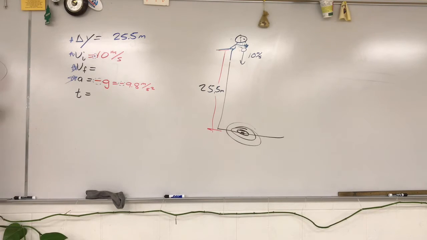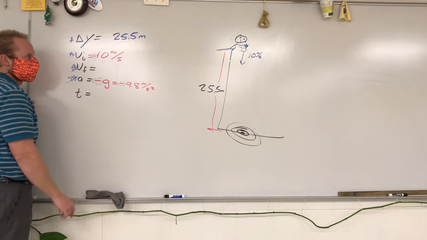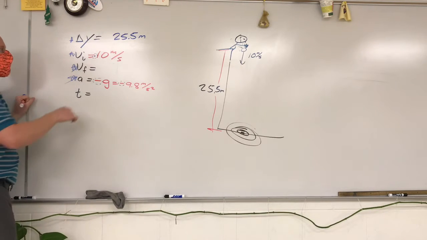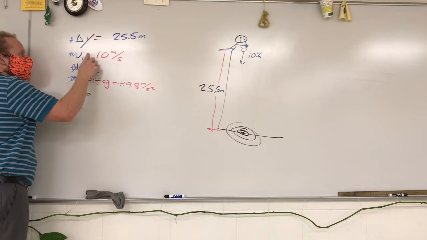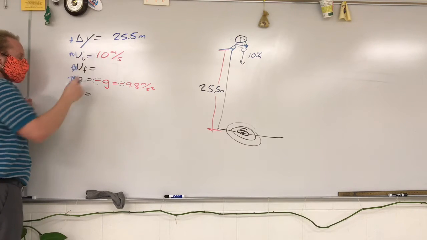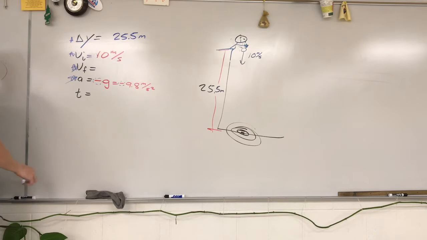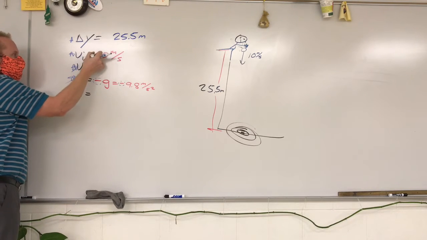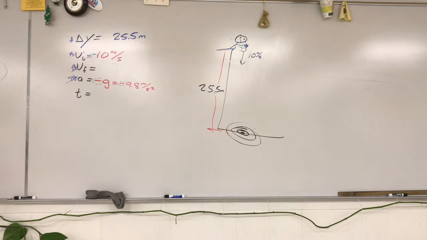Which way is this object going? It says in the words, it's being thrown down. So clearly I was doing that on purpose to make sure you guys were paying attention, and you were, because you all yelled at me, so thank you.